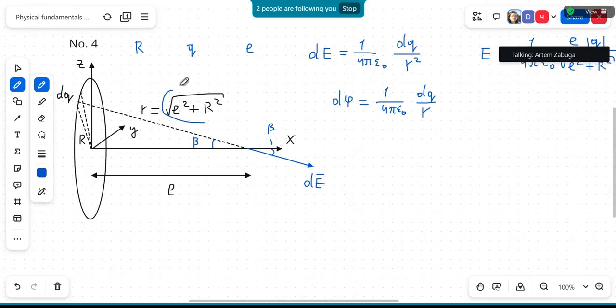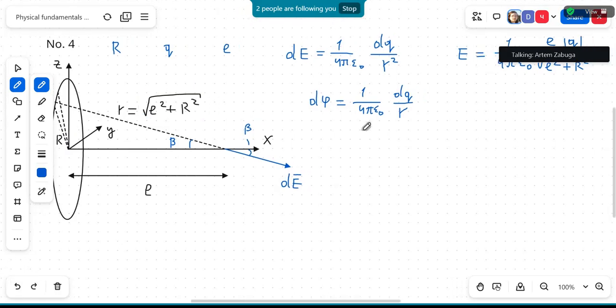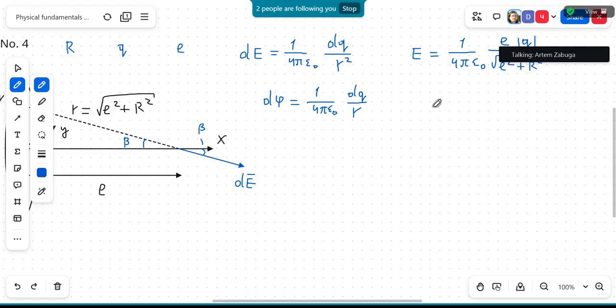And r is equal to the square root of L to the power of 2 plus R to the power of 2.